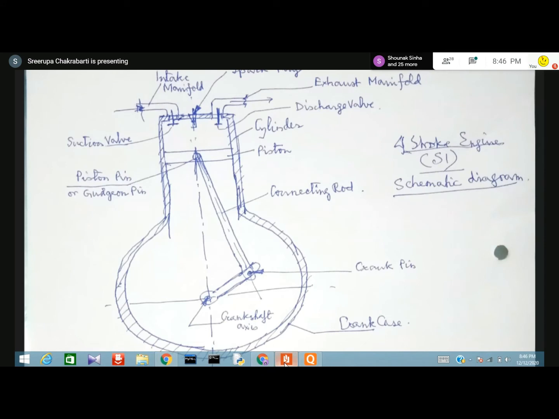And similarly, on the other side, the crank end, there also will be tensile stress. So this tensile and compressive alternation will be there.